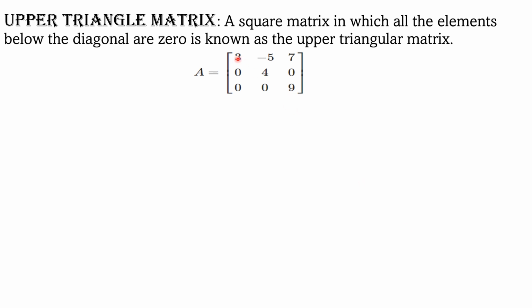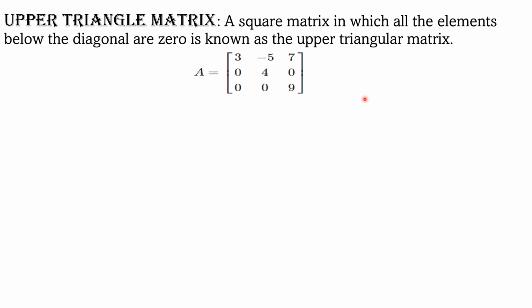See, this is the diagonal. So below the diagonal, all the elements should be equal to 0. That's why this is called upper triangular. In the upper triangular, there will be non-zero elements.